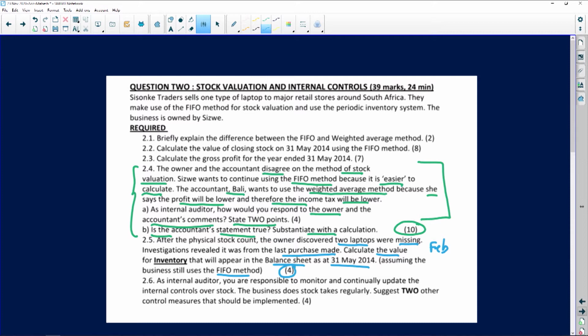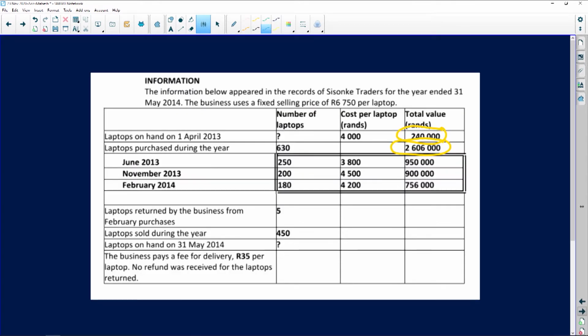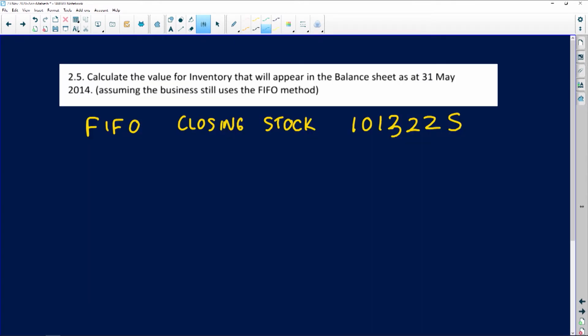Right, so looking at the value of our inventory at the moment, I've just written it down so I don't have to go back to the very first question. So remember, using the FIFO method, your closing stock is currently sitting at 1,013,225. So at the moment, this is the value of closing stock, which obviously will be taken to the balance sheet.